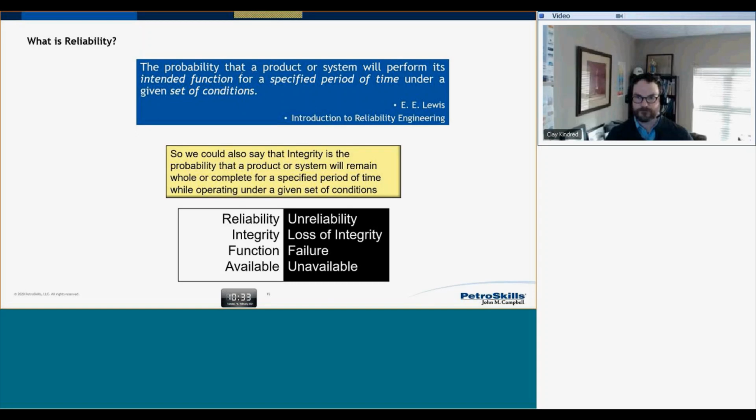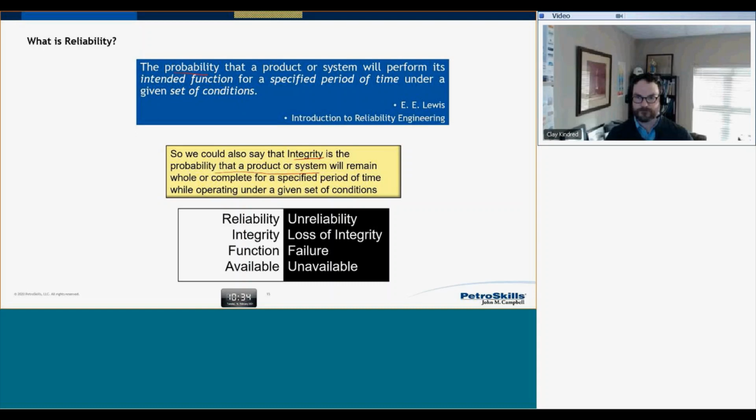Reliability is the probability that a product or system will perform its intended function for a specified period of time. So we could say reliability is the probability a product or system will keep on working as we intend it to. And don't forget that thing about function. So we're talking about probability of failure.